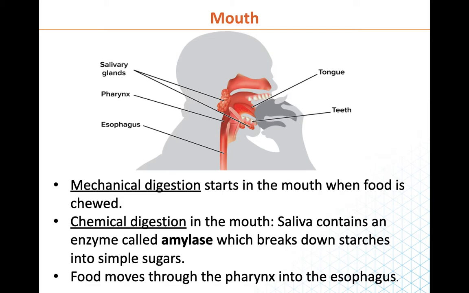All right? Now, you probably haven't really thought of this, but there are enzymes in your saliva that help to break down food even further. Remember, enzymes are like proteins that break things down, okay? A good way to think about this is if you've ever had dry lips, right? You're probably tempted to lick them because you think that maybe the saliva, your spit, will help to moisturize the lips, right?